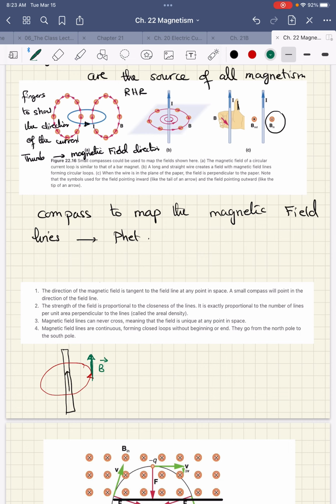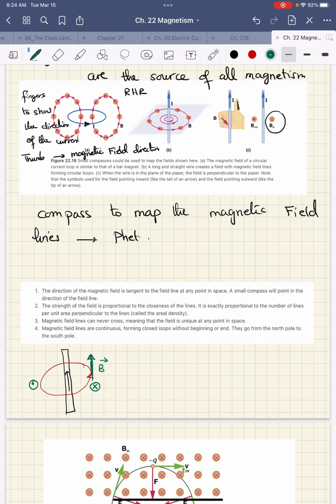In this case, it is going into the page, and that is going out of the page, because it will enter the page and leave from the other side.